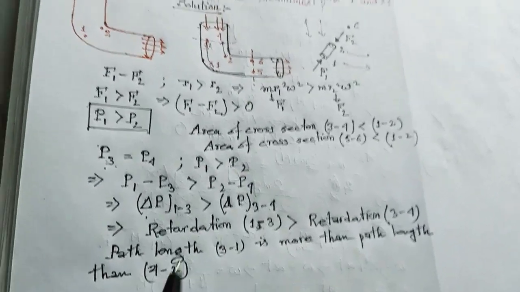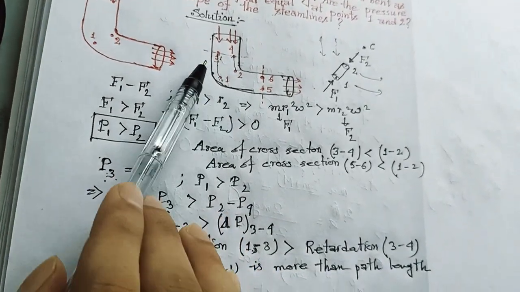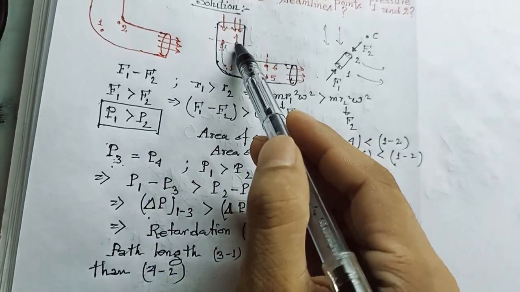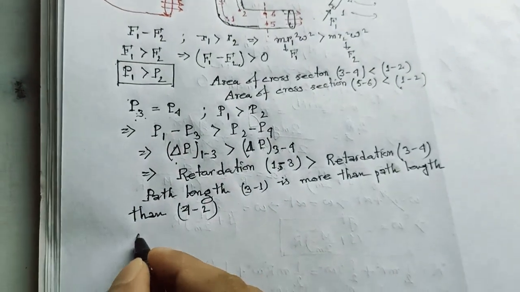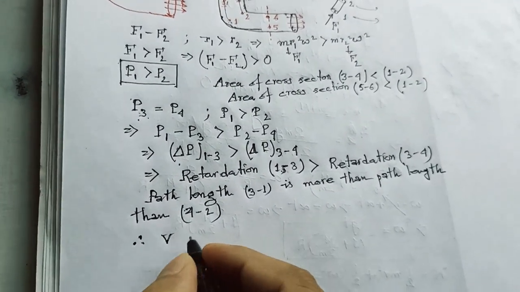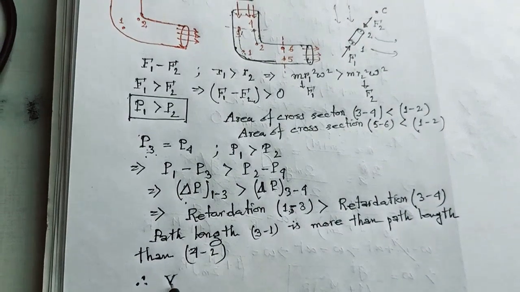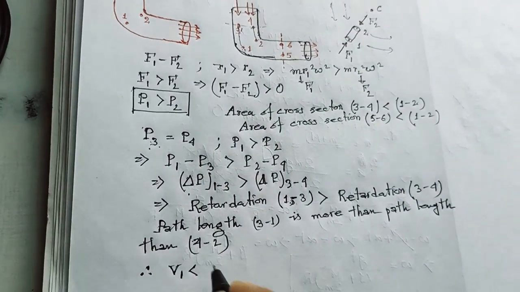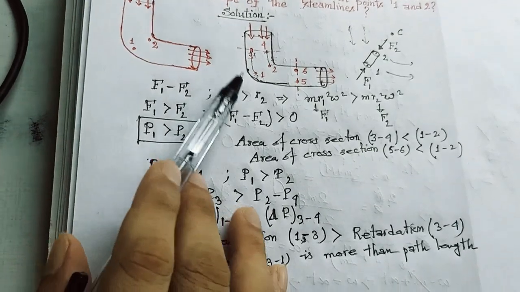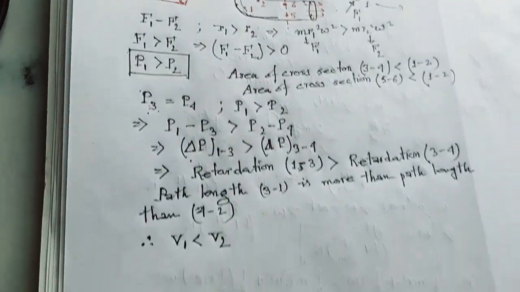So both the retardation and the path length are greater for the path 3 to 1 and less in case of 4 to 2. So we can conclude that the velocity at point 1 will be less than the velocity at point 2, V2, because if the pressure gap is higher, then the velocity will be lesser.